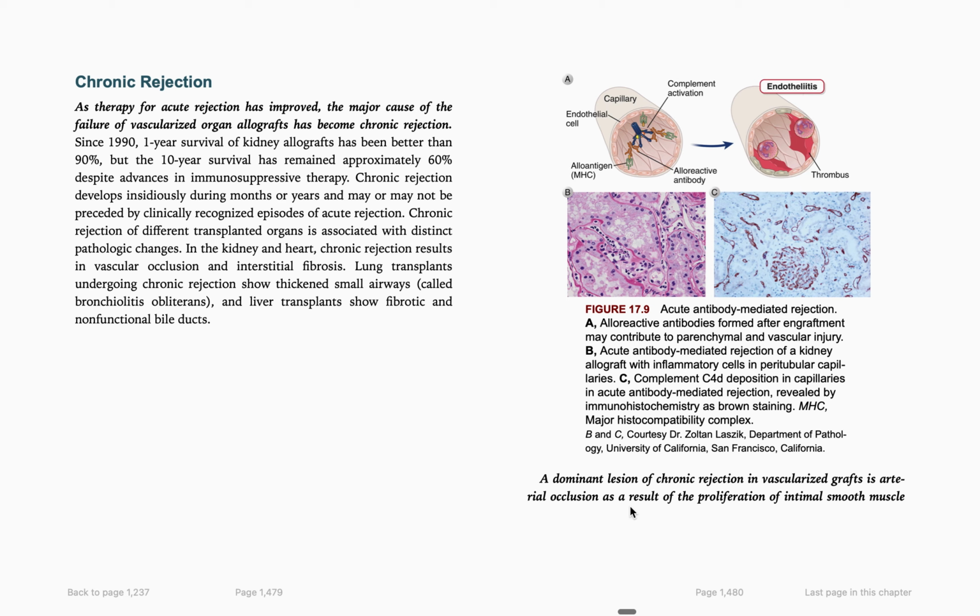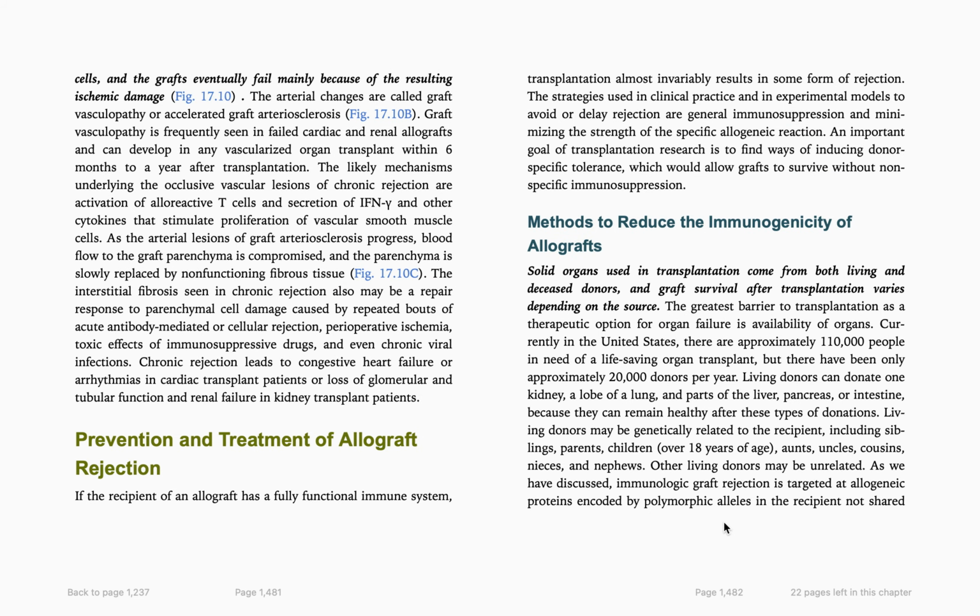A dominant lesion of chronic rejection in a vascularized graft is arterial occlusion as a result of the proliferation of intimal smooth muscle cells, and the graft eventually fails mainly because of the resulting ischemic damage. The arterial changes are called graft vasculopathy or accelerated graft arteriosclerosis.